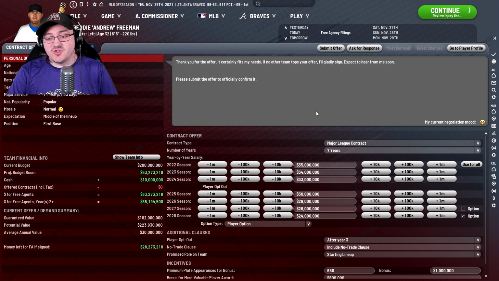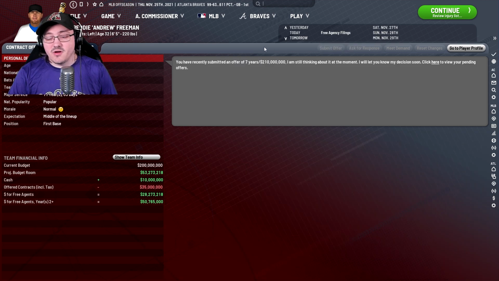Because if they're still doing that good by age 36, then they're having a great career. And that's not likely. So by the time that he hits 35, 36, when that player opt-out occurs, I'm going to assume that Freddie Freeman will be more than happy to stay for $30 million down to 24. All right? So we'll go ahead and submit our offer. That's how you do contract negotiations in OOTP.